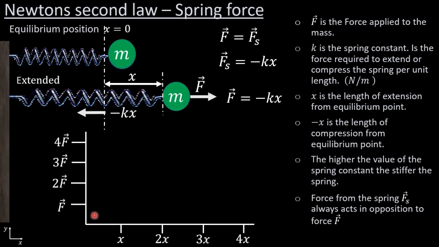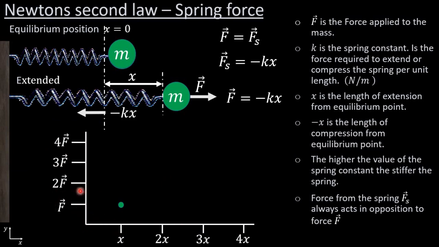If we were to graph the force of application against the extension, we take a force here, then double it here, triple it here, and quadruple it there. As we apply these forces, we extend the spring. If we apply a force of F, we'll extend it by length x, or compress it; it works out the same either way.